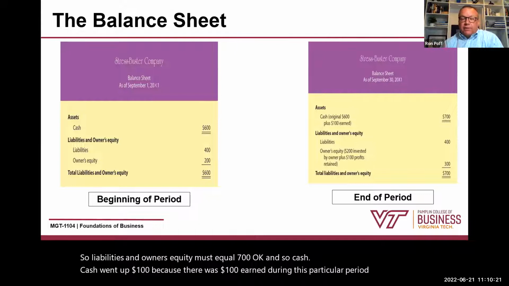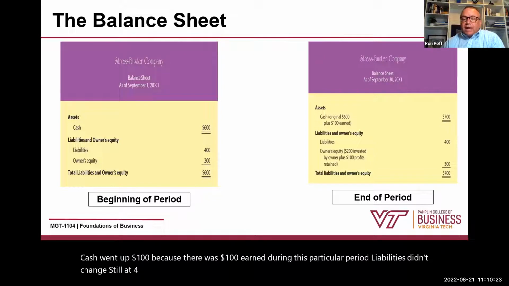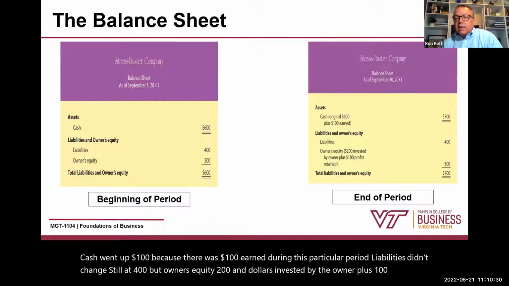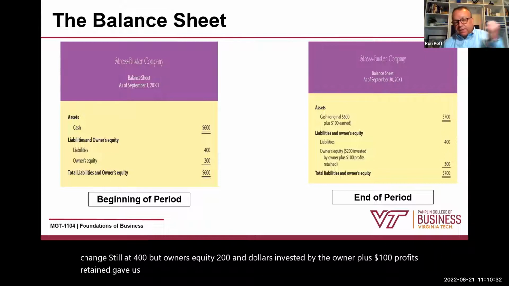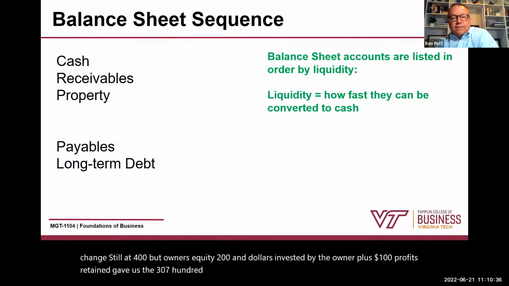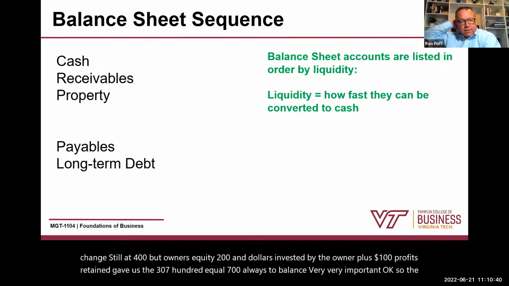Liabilities didn't change, still at 400. But owner's equity, $200 invested by the owner, plus $100 profits retained, gave us the 300. 700 equals 700. Always has to balance. Very, very important.